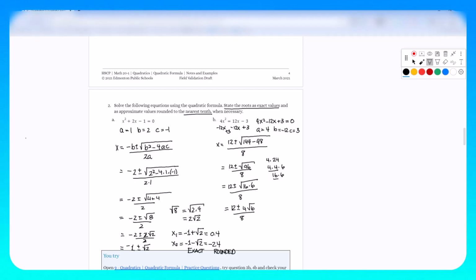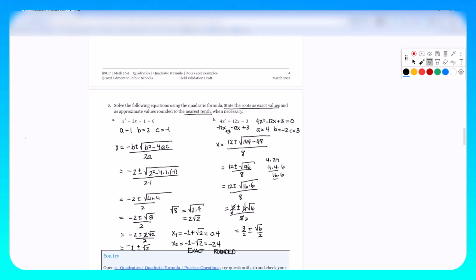And that's going to leave me with 12 over 8 can be reduced to 3 over 2 plus or minus root 6 over 2. So really what I'm doing here, I'm dividing this by 4 to get 3, this by 4 to get 2, and this by 4 to get 1.